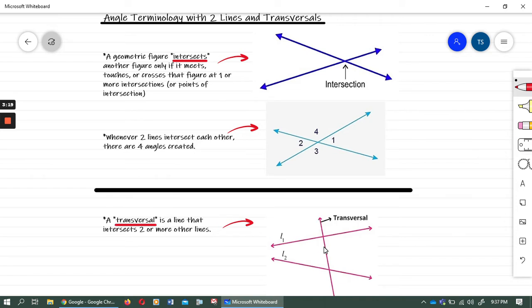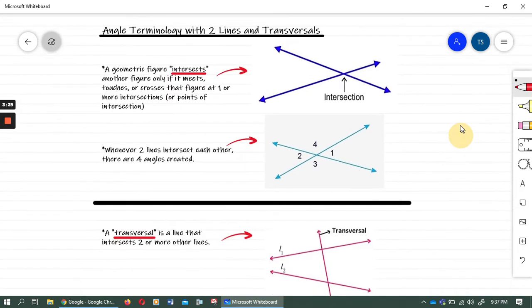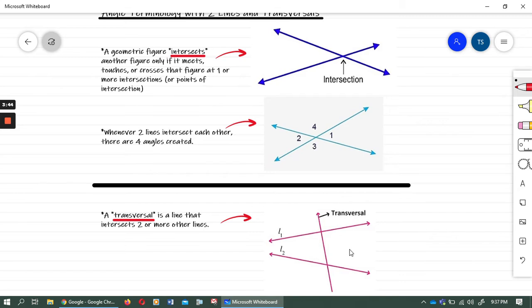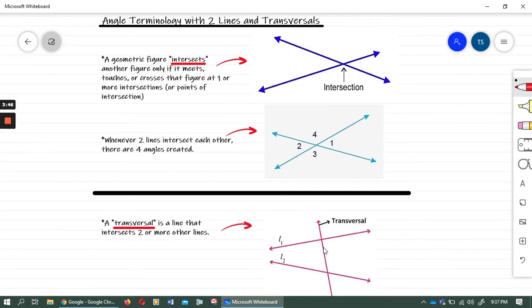As you see in this diagram to the right, we've got two lines named L1 and L2, where L1 stands for line 1 and L2 stands for line 2. Then there's one line that is intersecting both of these other two lines.